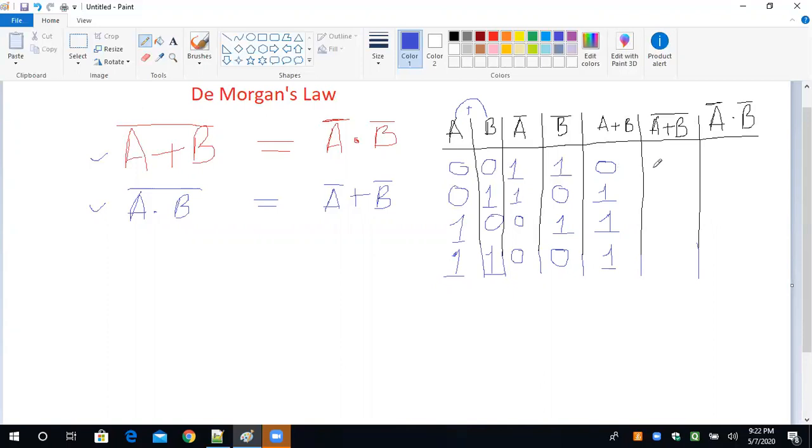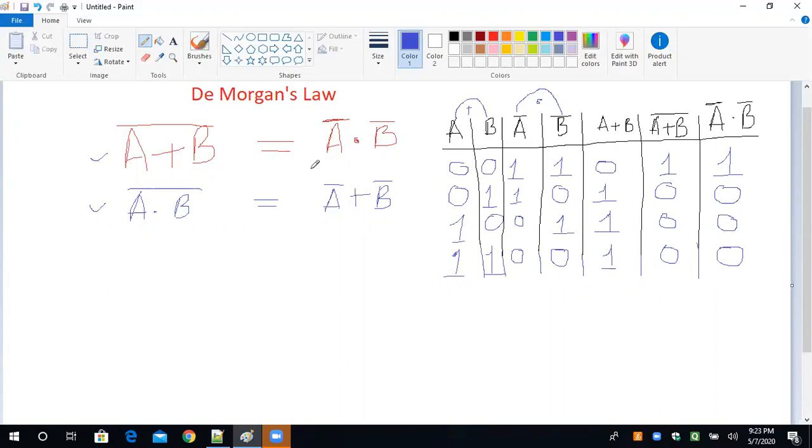So 0's complement, 1. 1 complement, 1 complement, 1 complement. What we are doing in the last column: A bar multiplying with B bar, meaning these two columns are multiplied with each other. So 1.1, 1.0, 0.1, 0.0, 0.